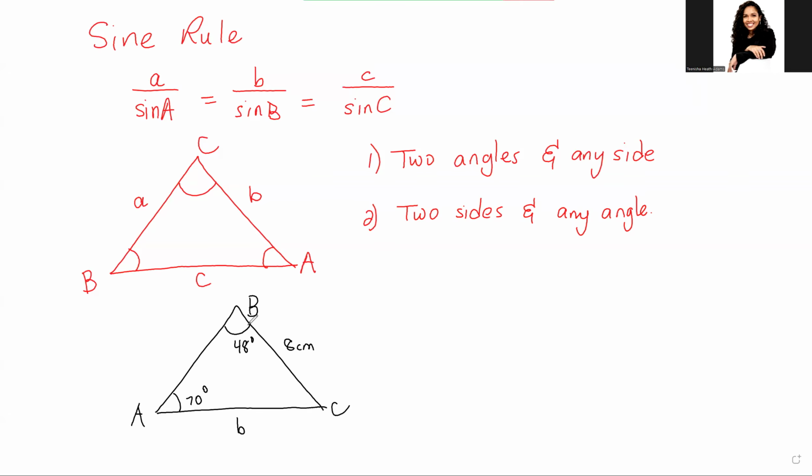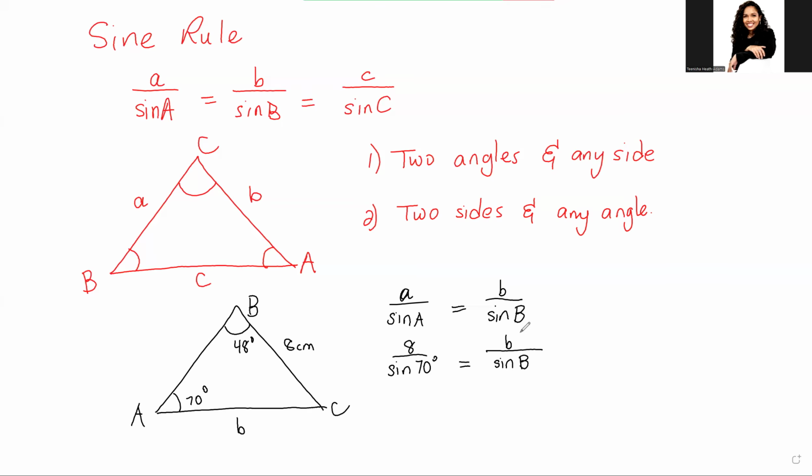So using the sine rule, a over sine of angle A is equal to b over sine of angle B, and I substitute my values in there. Side a is 8 centimeters, and the sine of angle A would be the sine of 70 degrees. And that is equal to b, which is the side that I'm trying to find, over the sine of angle B. And then I just cross multiply, right?